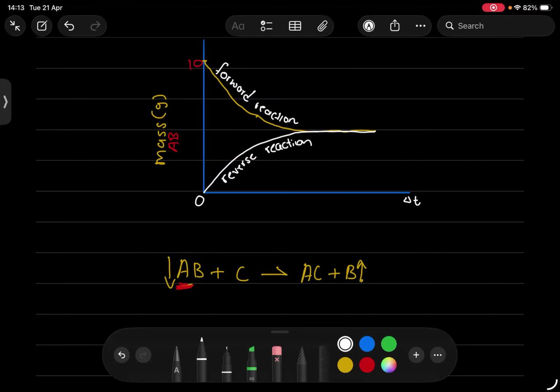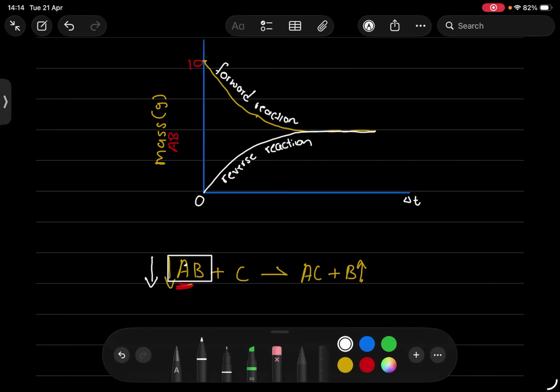It means the reactants become used. This reactant will be used, and when it's used, obviously the mass of AB will go down. And as the mass of AB goes down, the mass of the products goes up.